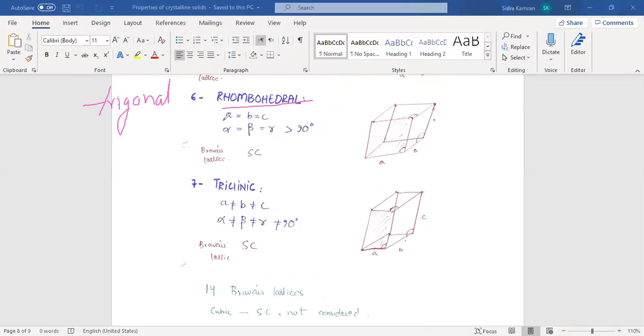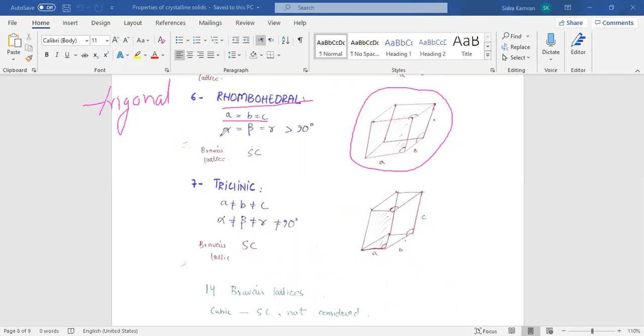In rhombohedral, edge lengths A, B and C are equal, but there is just a tilt in the cube. Here you can see this is not the straight one, having some deviation.